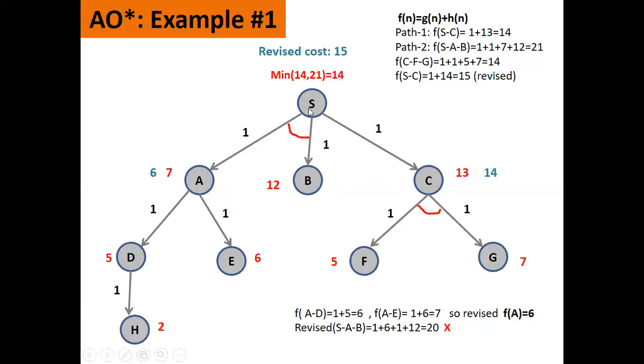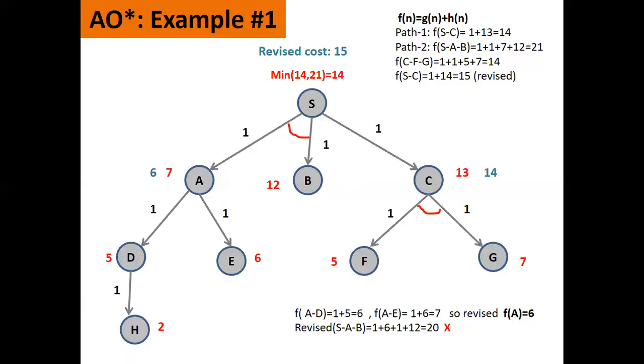Is it fine? I think you can listen to it again, and its concept is very simple in fact. Only thing you should remember, though it shows 3 arrows, but there are only 2 paths. One is this and one is this. This is the AND path and this is the OR path. So what we are doing, this is the main problem statement. We divide it into a number of sub problems. We are solving all of them, and then we are selecting the one which gives you the minimum cost.